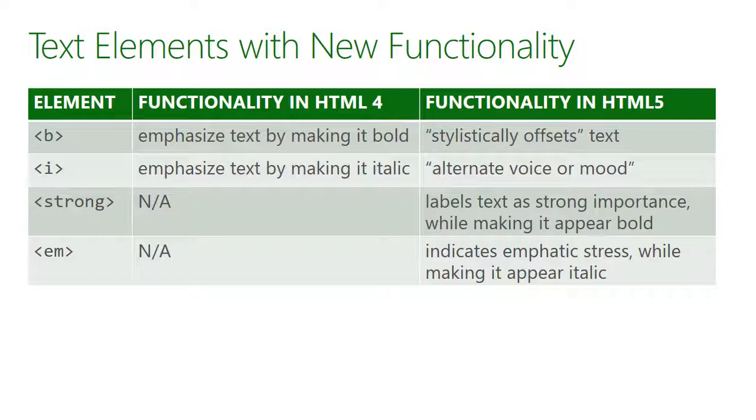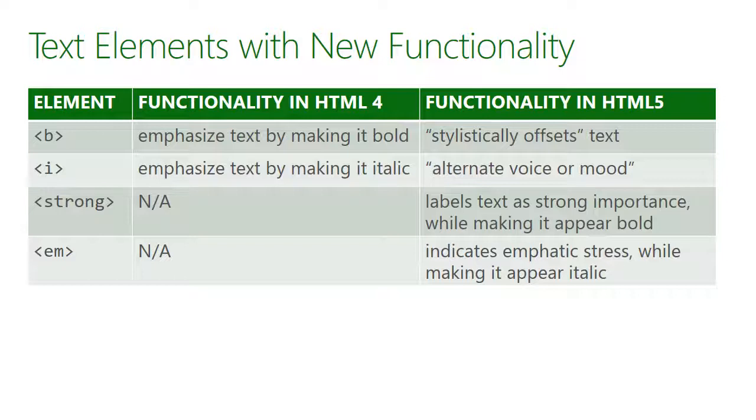Strong and M did not appear within HTML4. They just appeared from HTML5. The idea is that you're using terminology which makes it clearer, both to the end user and to the browsers, what the ultimate purpose of that text is.